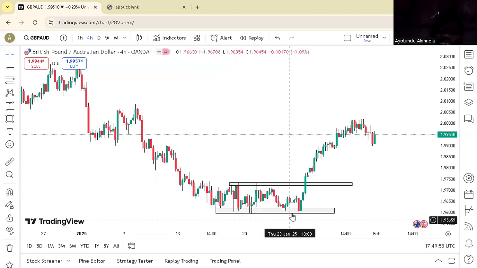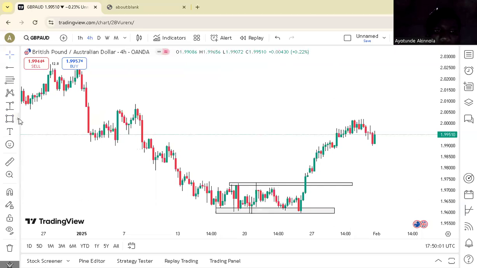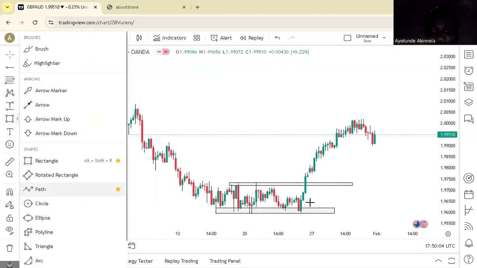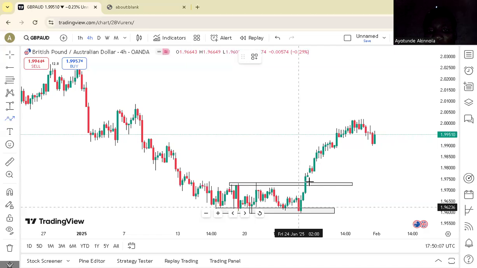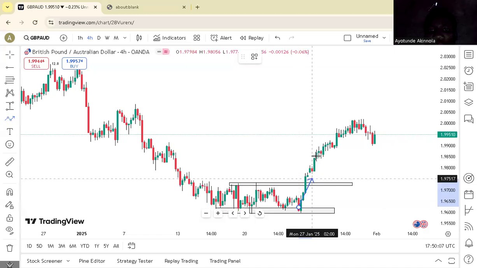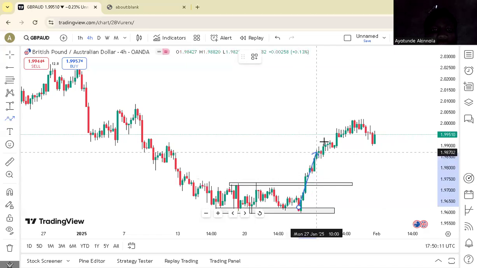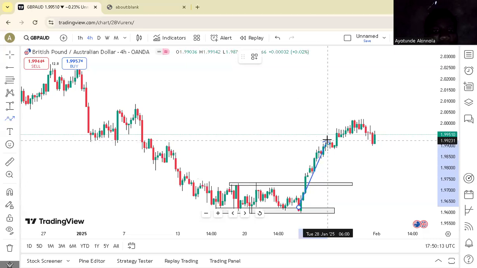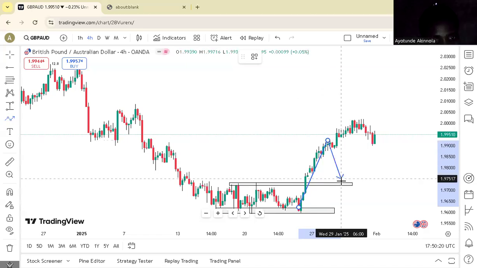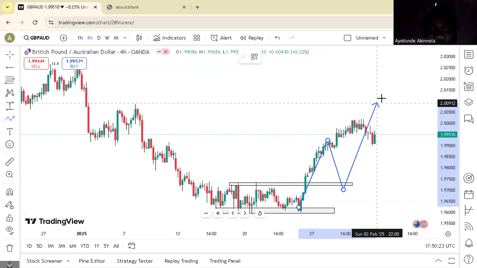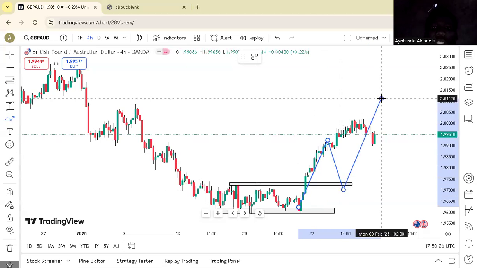Let's say this man just pushes up a little to, let's say, this place where there is a former resistance or support here, then pushes down into this zone, then we'll actually buy up to this area. That was what I was expecting.